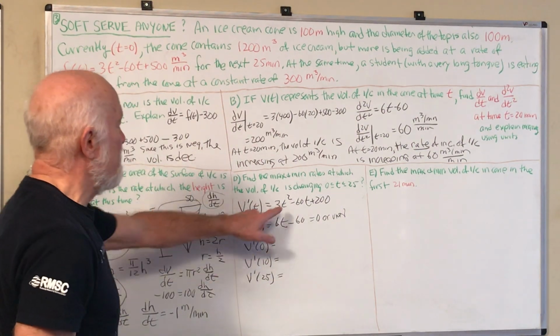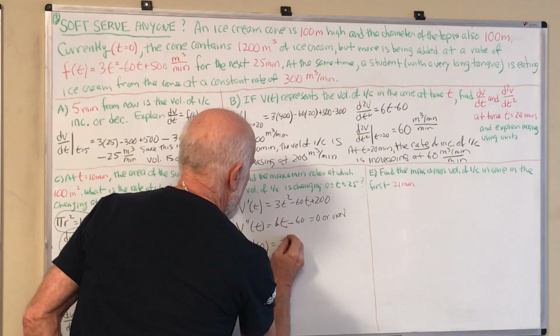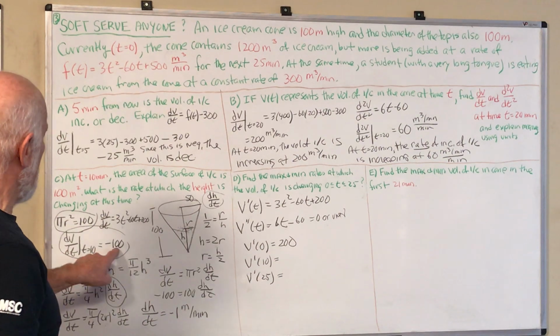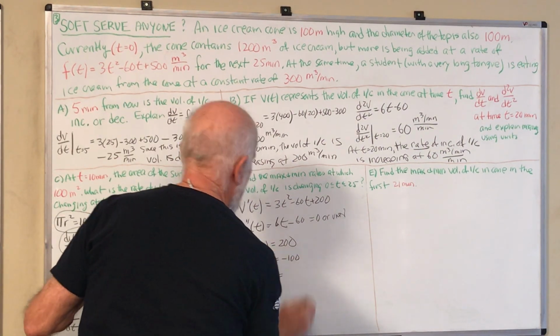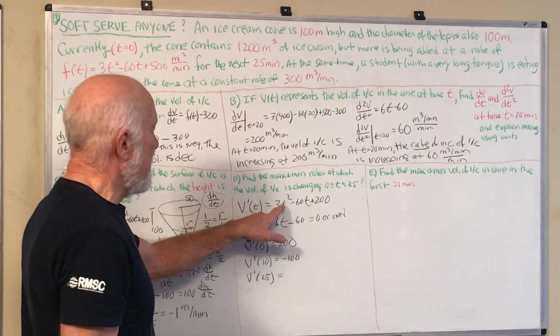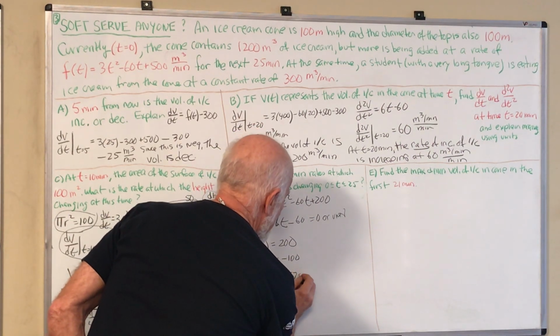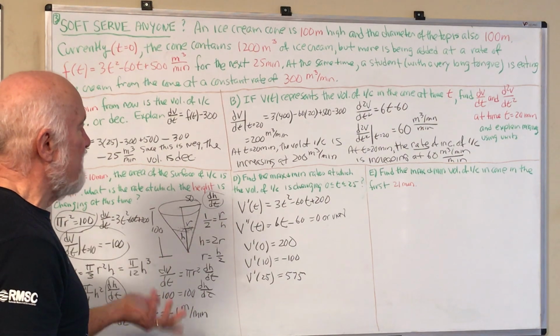So v prime of 0 is pretty easy to plug in. You get 200. V prime of 10, we did over here to be negative 100. And v prime of 25, when you plug it into here, you get 575. So from here, we have both the max and the min.